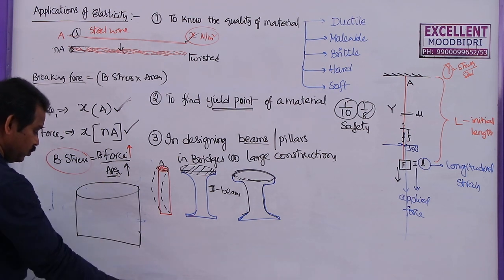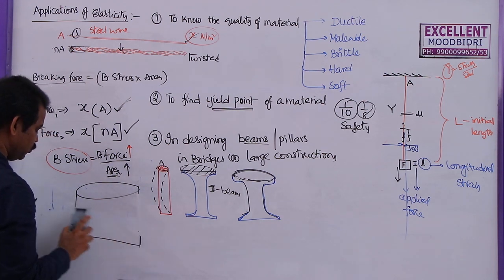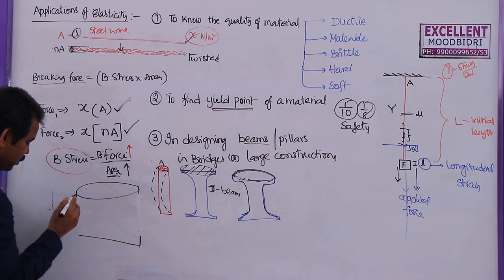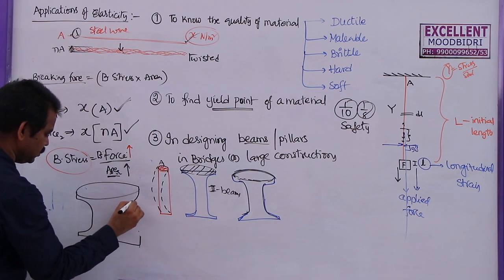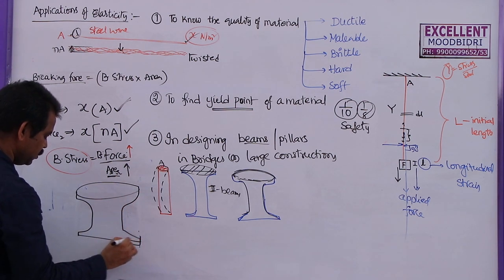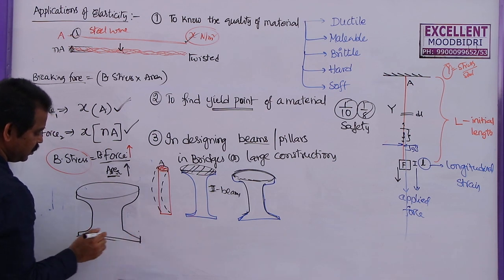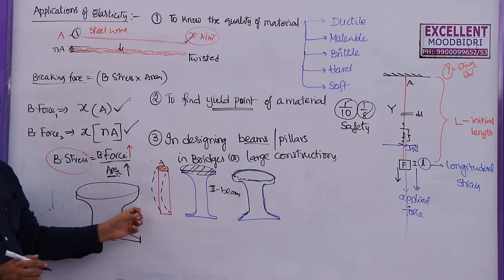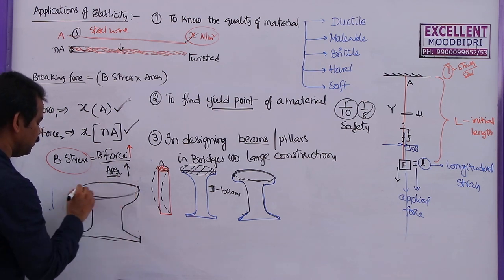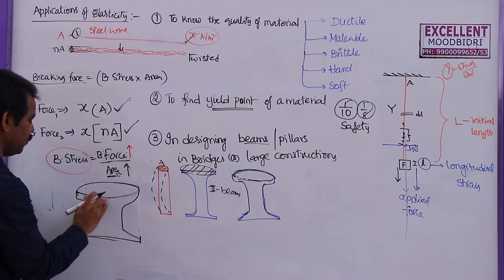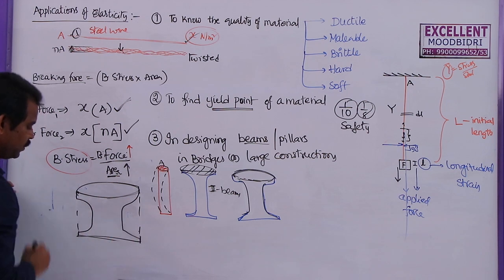That's why, to reduce that cost, we make the structure such that at the intermediate stage, in the middle, they will have less material. So we are saving the material here. By saving the material, the cost of these pillars will be less when compared to complete pillars like this.